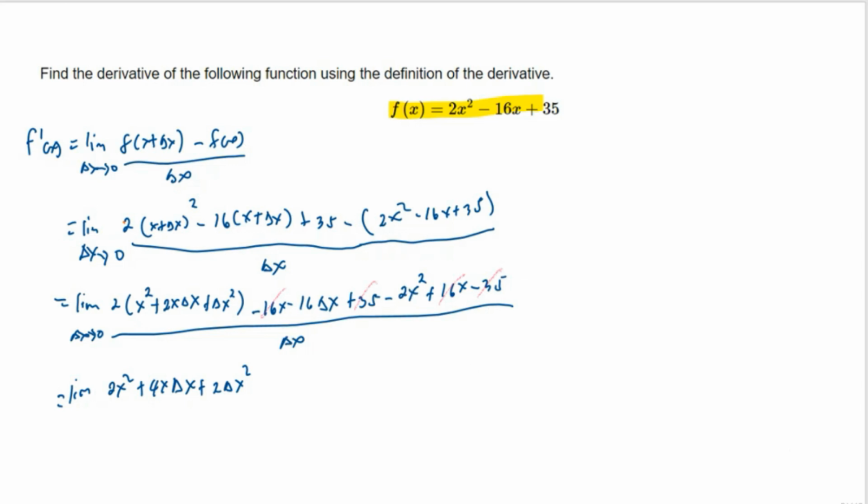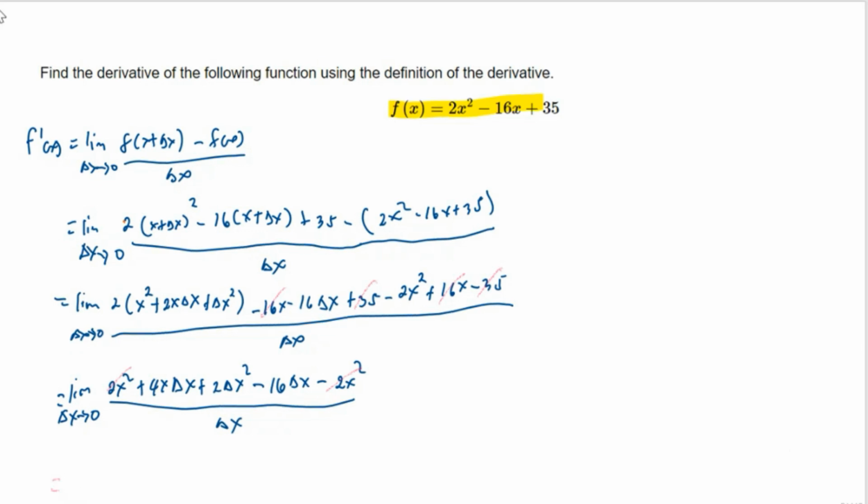Now I will write the remaining terms after delta x squared: minus 16 delta x and minus 2x squared, all over delta x as delta x approaches 0. There are still like terms, 2x squared and negative 2x squared, and there are no more like terms.